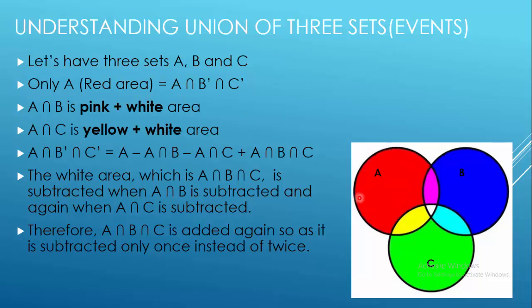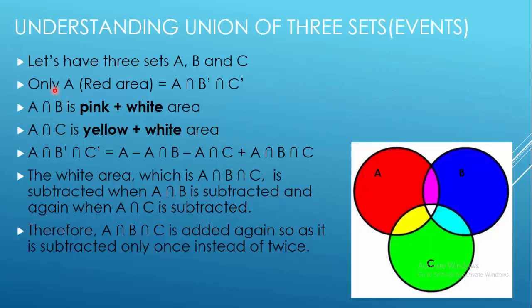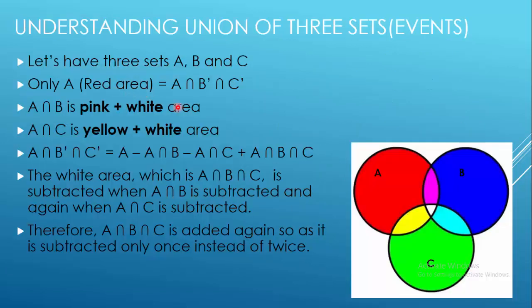We have seen this in the example over here: we added these values and subtracted from the total value, and we got this value 60. Red area, or only A, means how do I get this figure over here. Only A, this red area, is equal to A intersection B prime intersection C prime, or B not intersection C not.